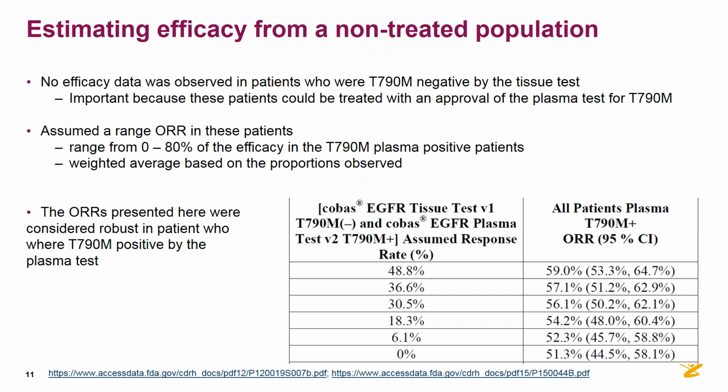And you can see how, when varying the range of efficacy in that T79M negative population from 48.8%, so 80% of that efficacy, down to 0, that leads to a range of overall response rates of 59% down to 51%. The overall response rates presented here were considered robust in patients who were T79M positive by the plasma test.